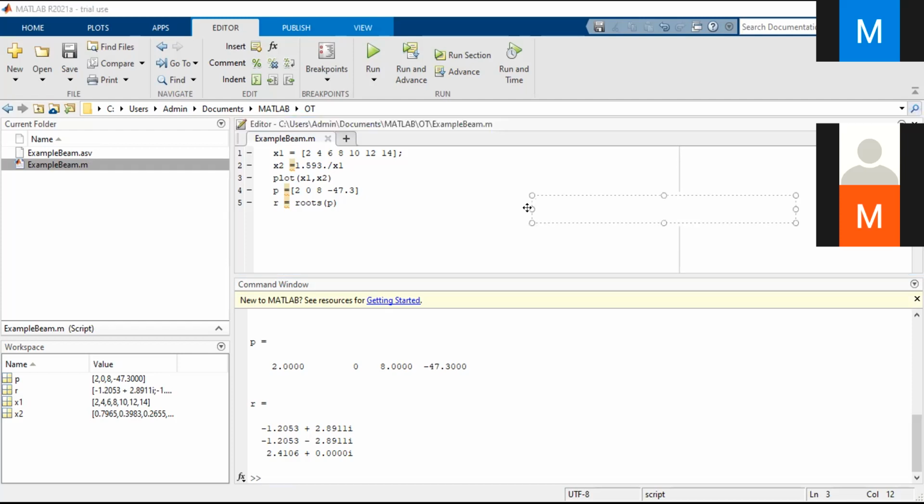We have this 2x2 cube, sorry, not square, plus 8x2.